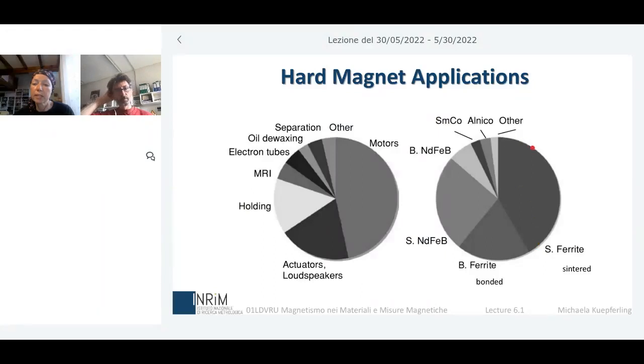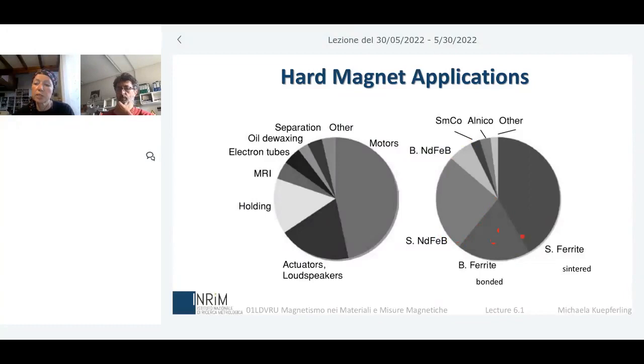On the other hand, you can see here which kinds of materials we use mostly. And more than half, you can see, are ferrites. I already mentioned to you they are not the best hard magnetic materials, but nevertheless we use them a lot because they are very easy to produce, they are very stable, and they cost relatively little. Then, of course, the next slice is neodymium iron boron, a very important hard magnetic material.